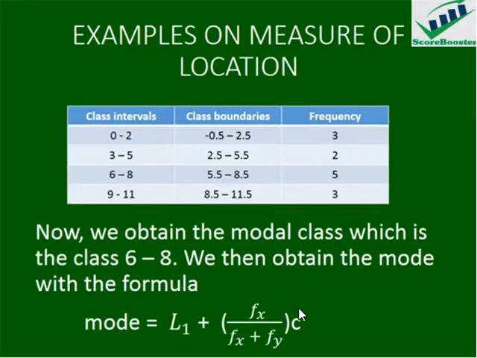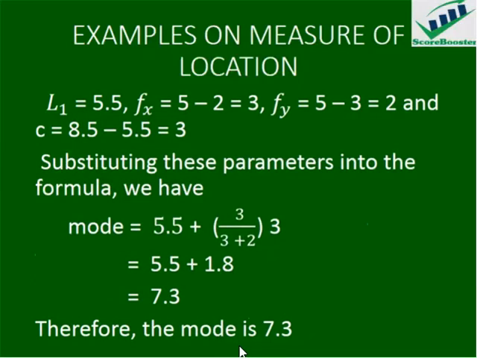And C is the size or width of the modal class, which can be obtained by subtracting the lower class boundary from the upper class boundary, which is 8.5 minus 5.5, which gives 3. Then substitute all those parameters into the formula to get the value for the mode. L1 is 5.5, Fs is 3, Fy is 2, and C is 3.